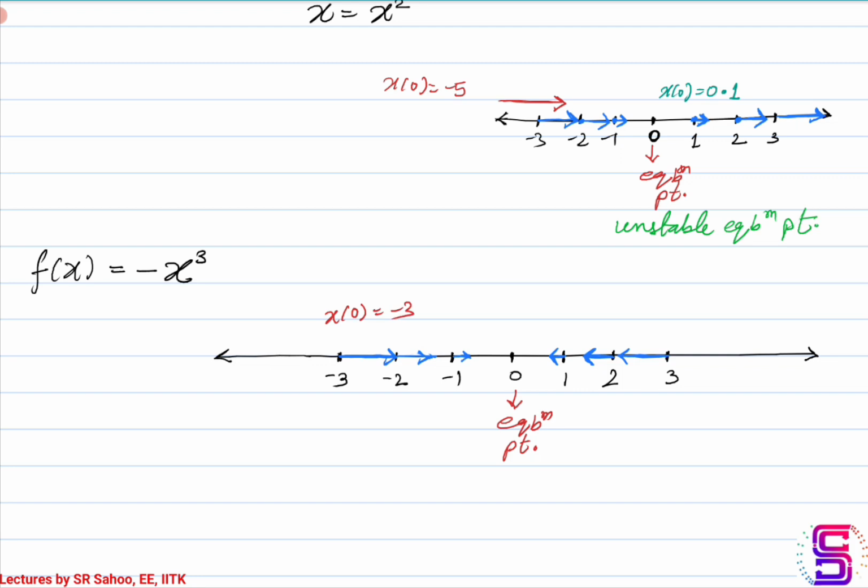When you start at -3, your x dot is 27, which is a positive value. That essentially indicates that -3 is going to grow. Let's say that it grows till x equal to -2. At -2 again, x dot is 8, so it will further grow.